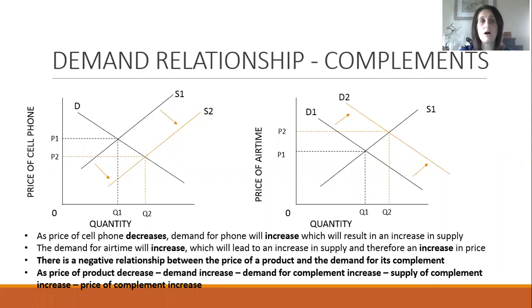But now technology has made cell phones a lot cheaper than it used to be. So what is going to happen to the demand for cell phones? The demand is going to increase. See the demand line. The demand is going to increase because people are more able to afford cell phones now.